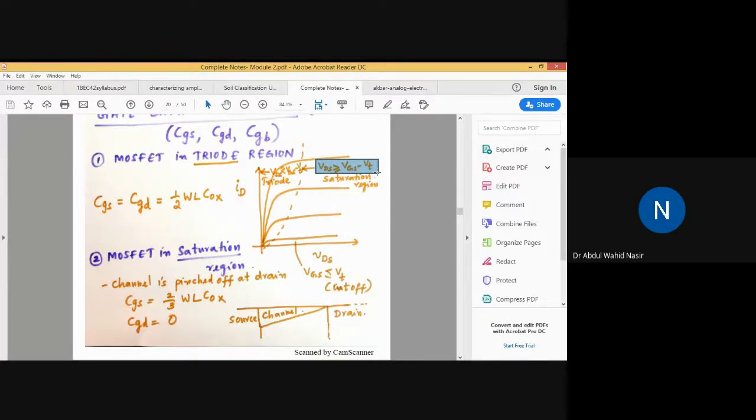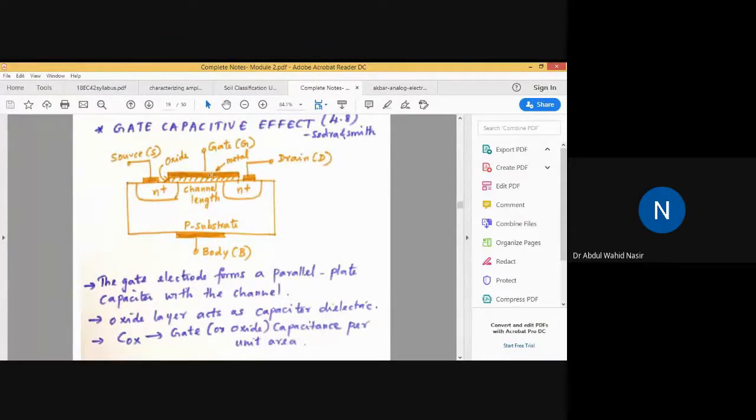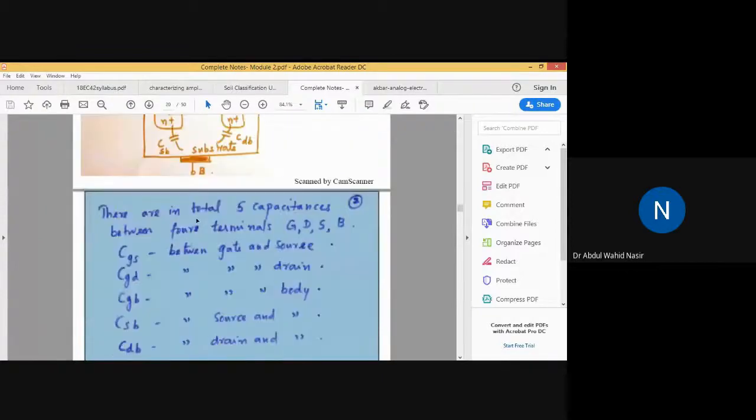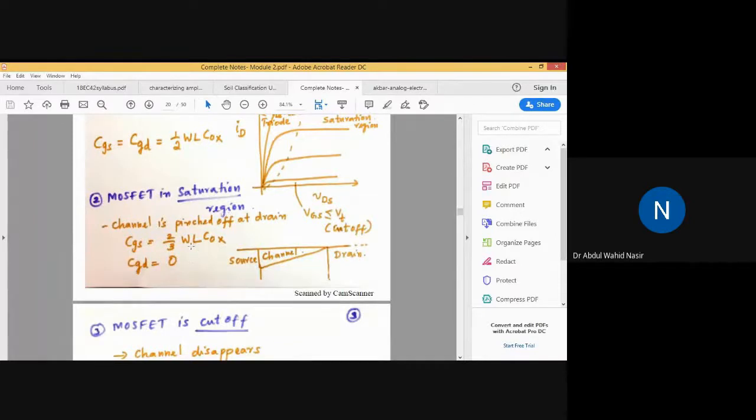In this case, the capacitance between gate and source will be 2 by 3 into W into L into COX, where W is the width of the channel, L is the length of the channel, and COX is the oxide capacitance.